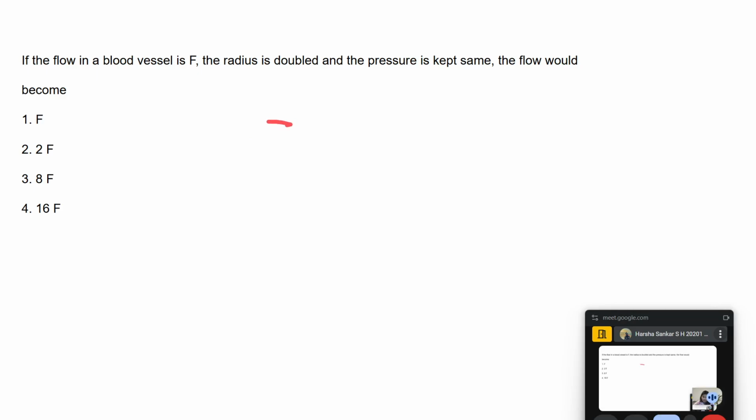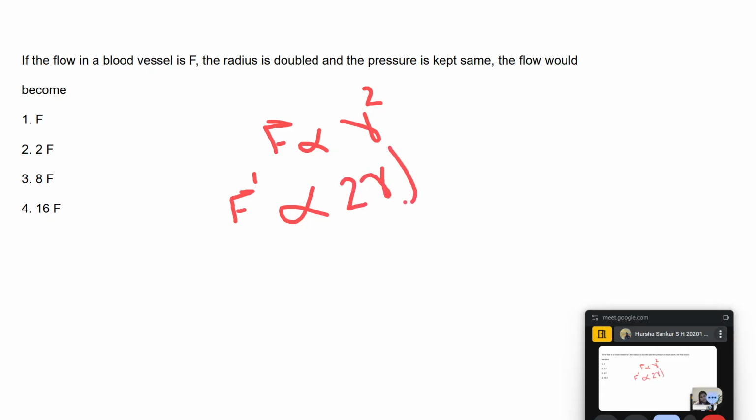F is proportional to R square. Now in the question, F dash will be proportional to the new one, because the radius is doubled now. So it will be proportional to 2R whole square, right?